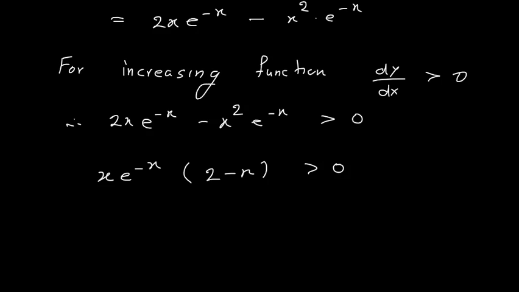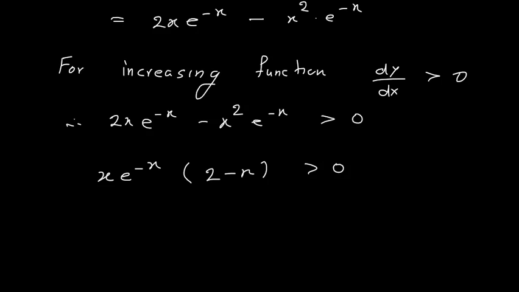Now for this value to be greater than 0, note that you take either positive power or negative power, the value of e power minus x is always greater than 0.